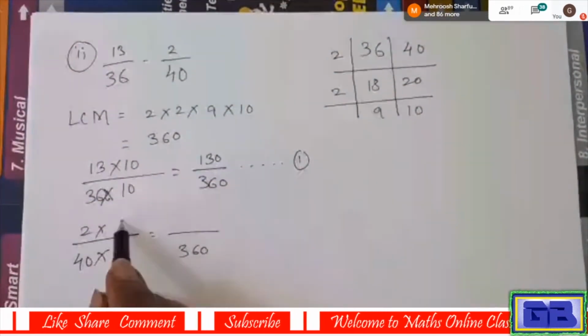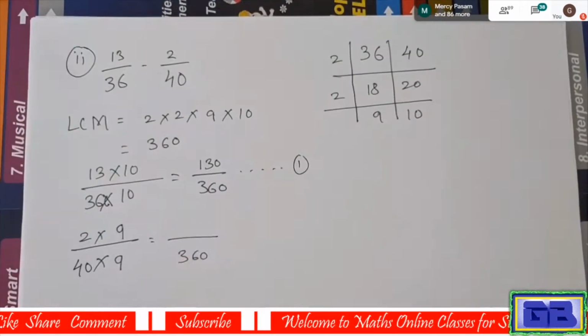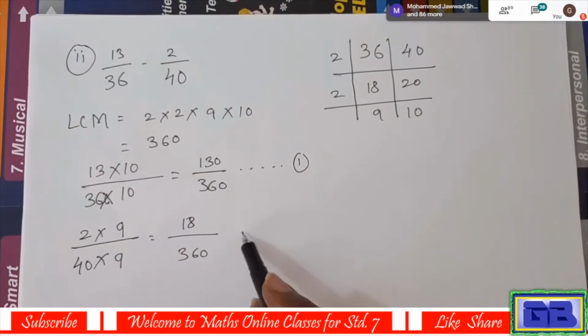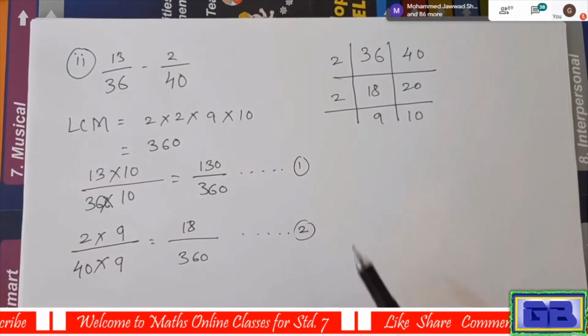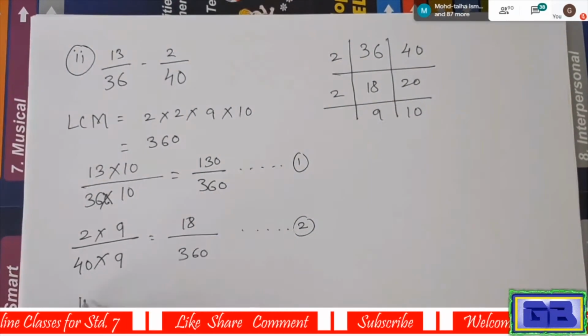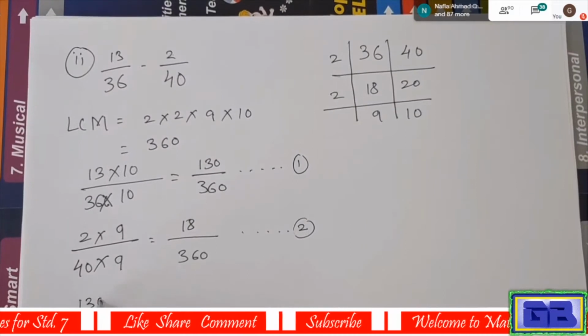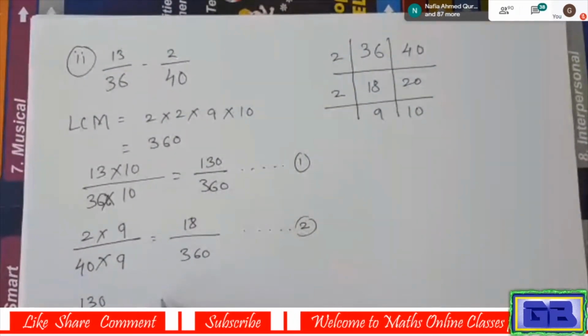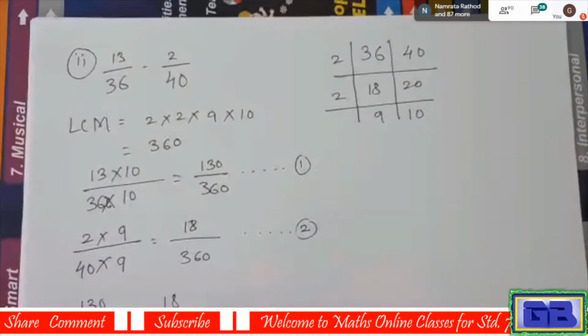Correct. Here also 9 will come. Therefore 9 twos are 18 upon 360, and this is your point number 2. So take this number and this number down. 130 upon 360 minus 18 upon 360.